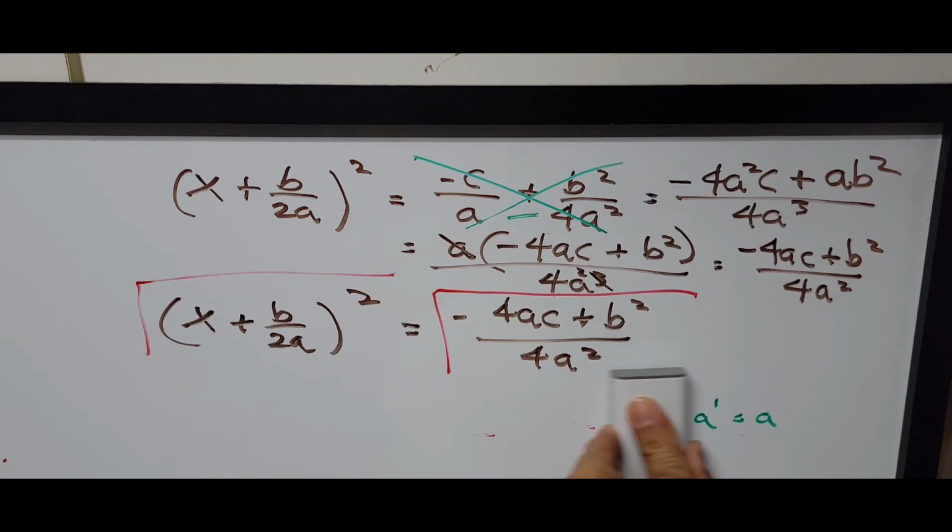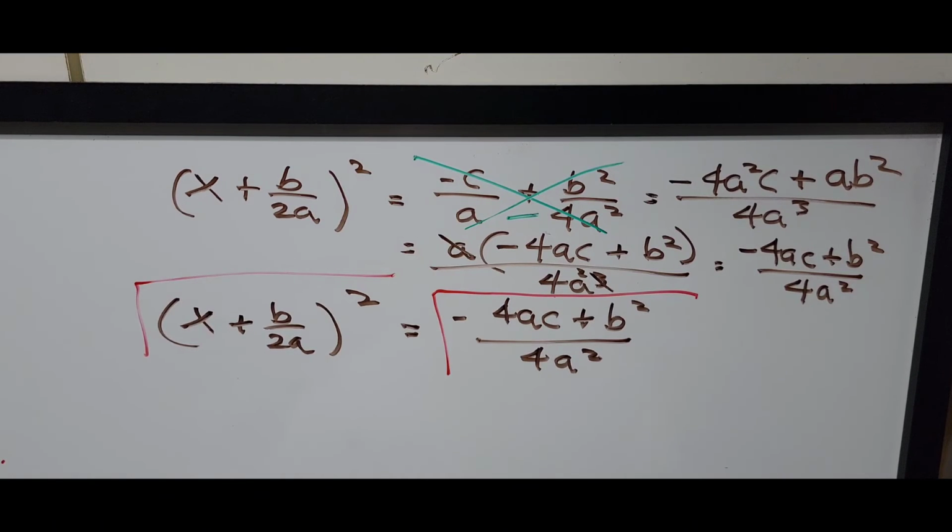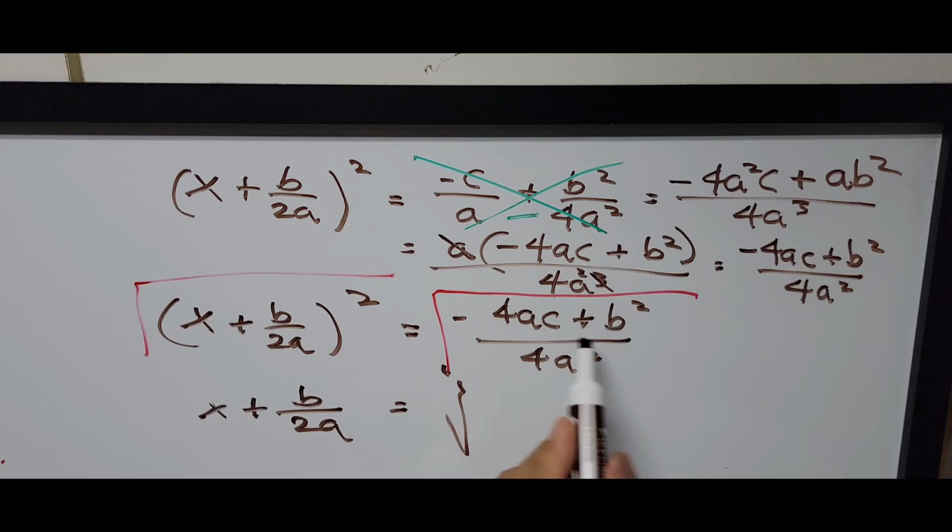So this becomes x plus b over 2a equals the square root of this. Let's arrange it at the same time.